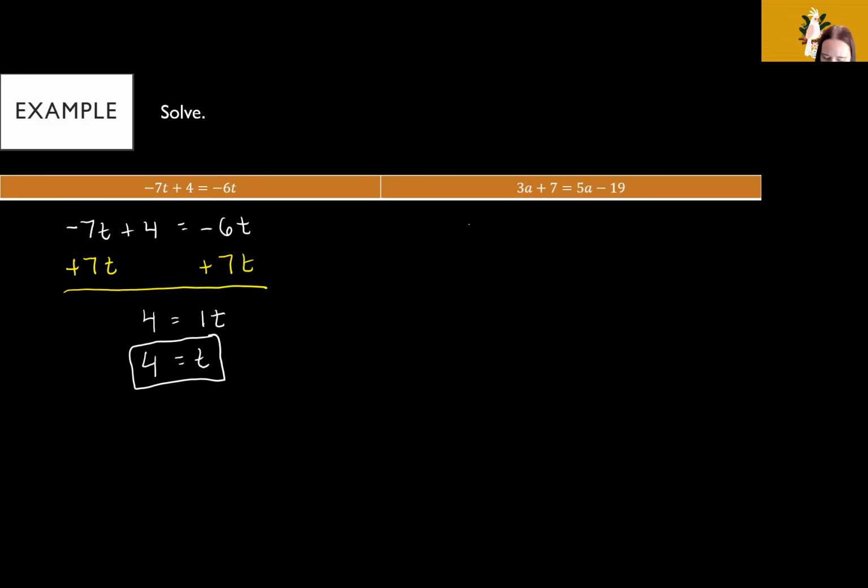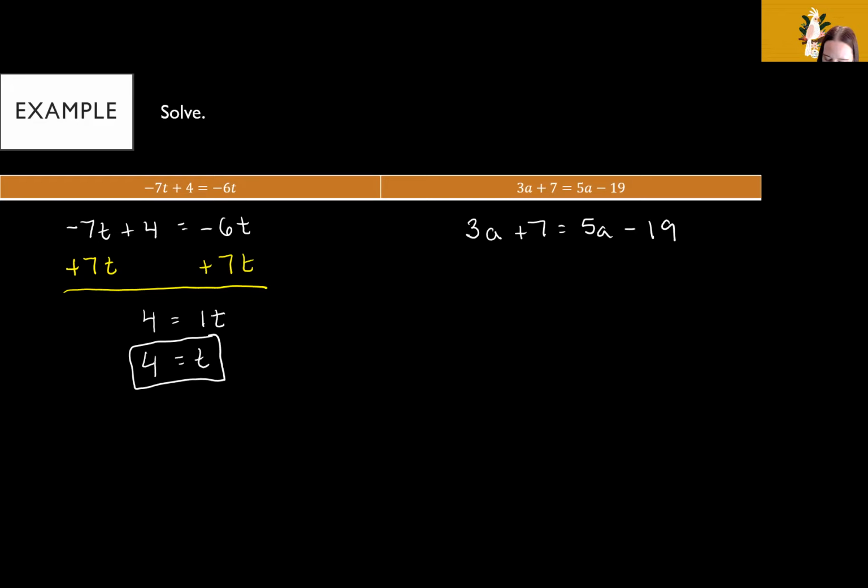Now, the second example here, we have 3a plus 7 equals 5a minus 19. In this case, both sides are simplified, but we've got variables on both sides. So you can choose whether you want your variable on the left or the right. This is where I always say, I want it to be on the left. So I always do that first.